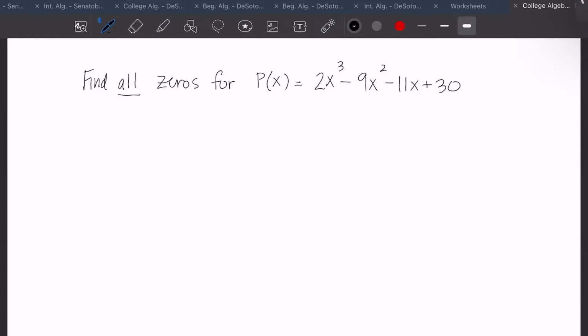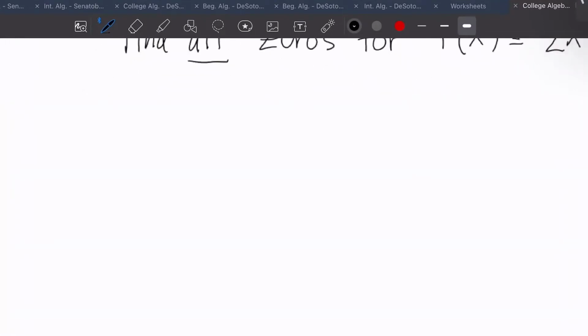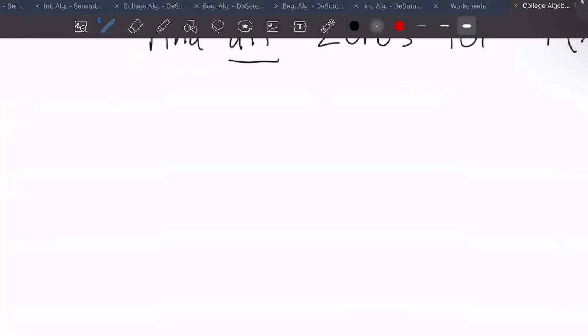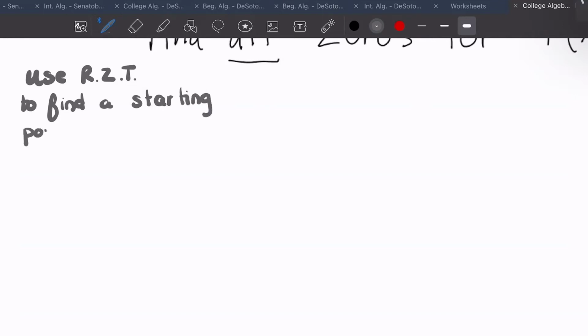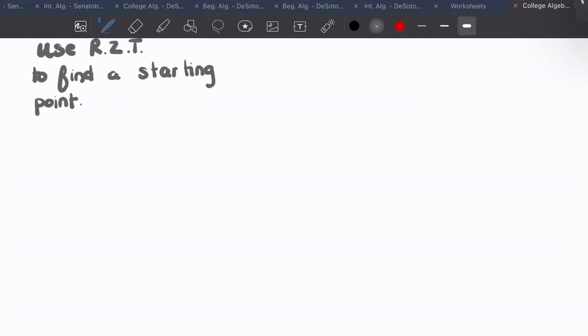The good thing is that it falls back on what we've already done, but we're going to add something new. So you're not given a hint. You are going to use the rational zero theorem to find a starting point.